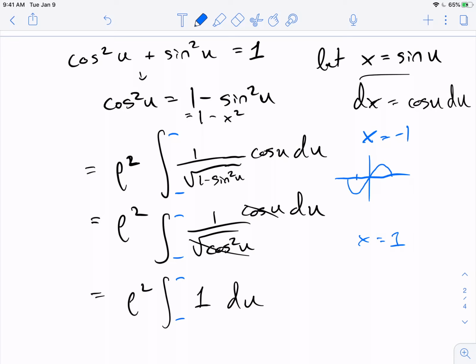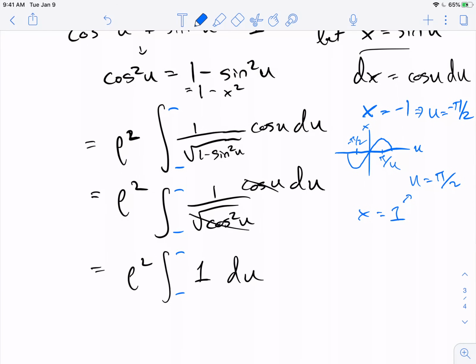And x is -1, so x equals sine of u. So this is my u axis, this is my x axis. I achieve a value of -1 when u is equal to negative pi over 2. And I achieve a value of +1 when u is equal to pi over 2. And so those are the bounds that I need here. So this goes from negative pi over 2 to pi over 2.